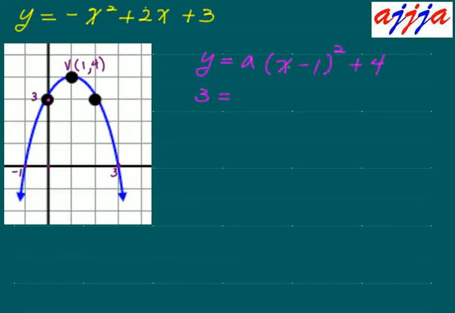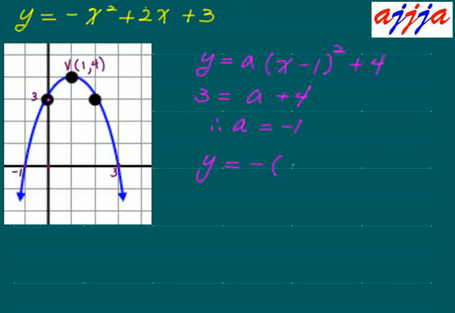X is going to be 0. That means 0 minus 1 is negative 1 squared, and negative 1 times negative 1 is 1. So just A. Oh, wow, man, perfect. Plus 4. This way, you know right away A is negative 1. So you just plug negative 1 right there. That's it.